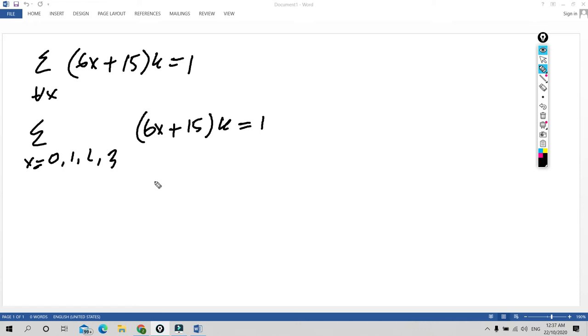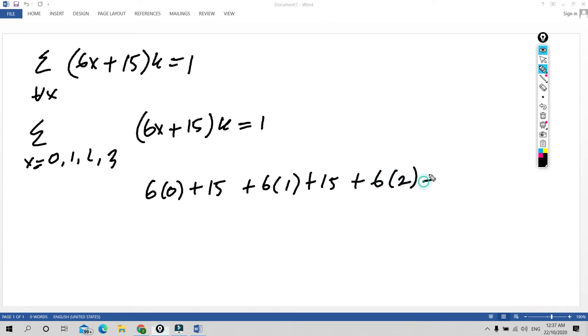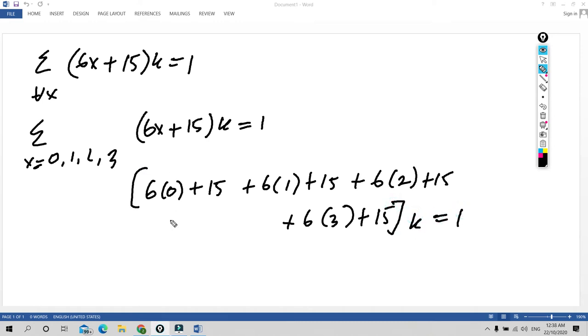So I have here 6 multiplied by 0 plus 15, plus 6 multiplied by 1 plus 15, plus 6 multiplied by 2 plus 15, plus 6 multiplied by 3 plus 15, then multiplied by k equal to 1.